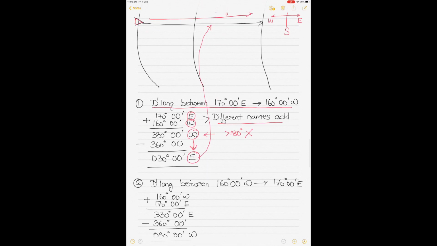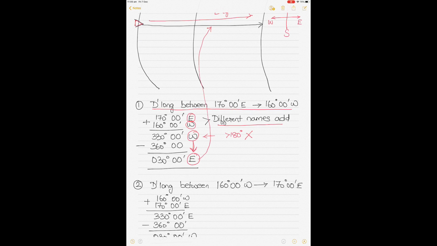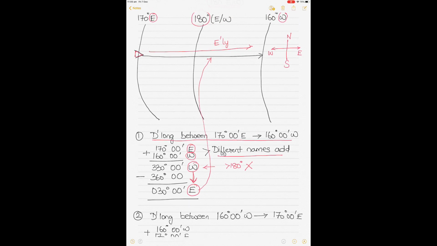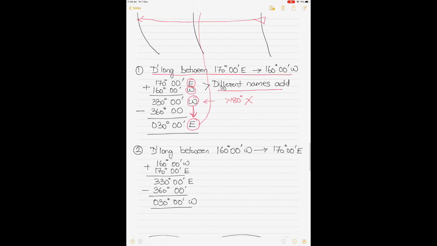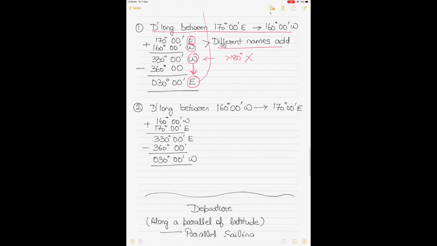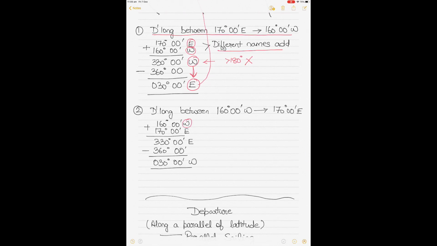And of course, if I reverse the direction of the vessel's travel, so if I was traveling from 160 degrees west to 170 degrees east, similarly, although they are different names, you will add them. The answer that you get is 330 degrees 00 minutes east, because you feel that you are traveling from west to east longitude, so you should name it east.